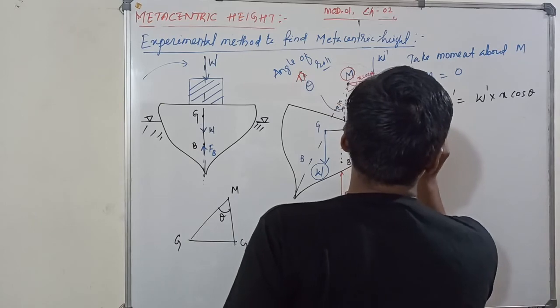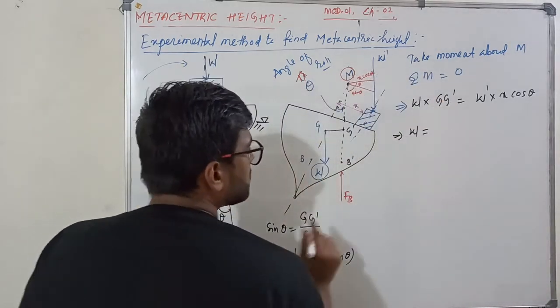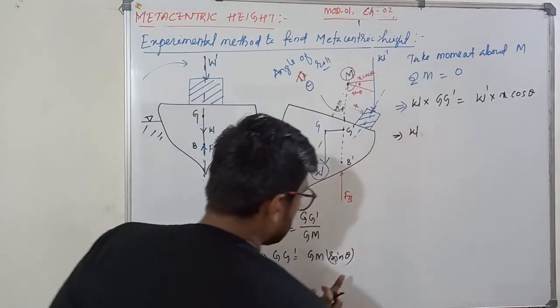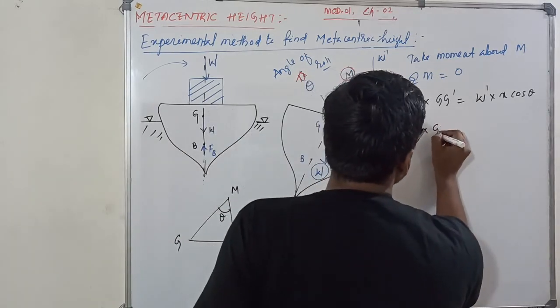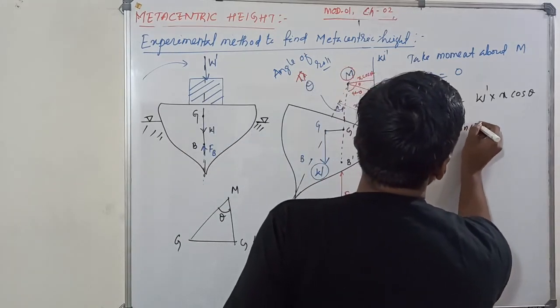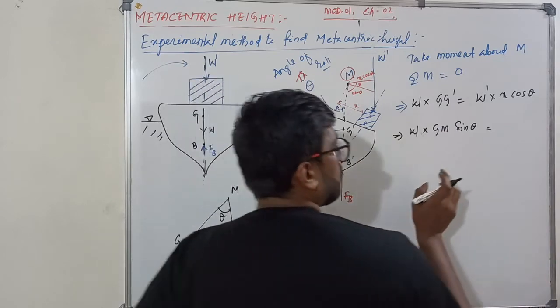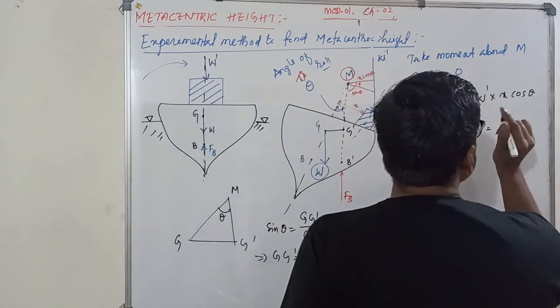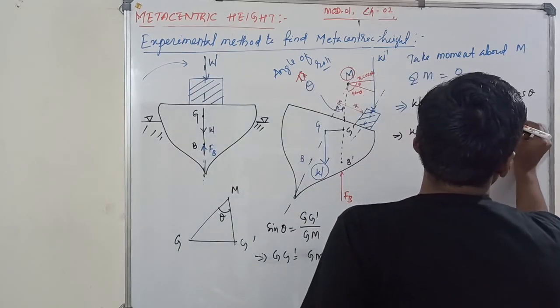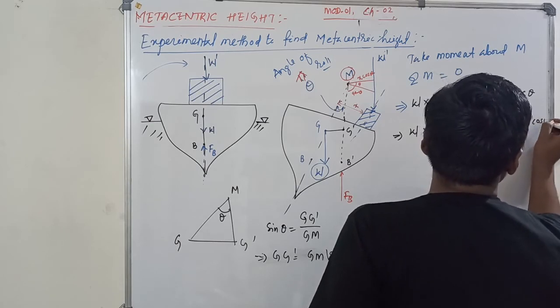What is GG dash? Sir, GG dash is equal to GM sin theta. So I got W GM sin theta equal to W prime multiplied by x cos theta.